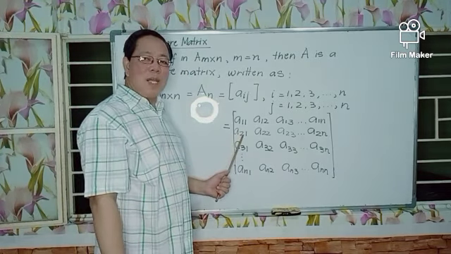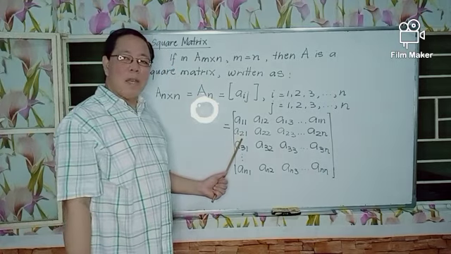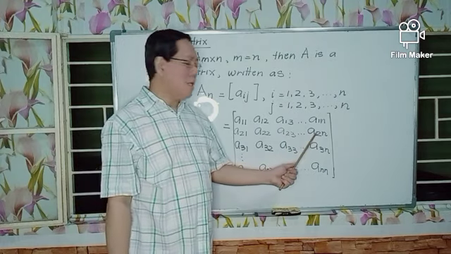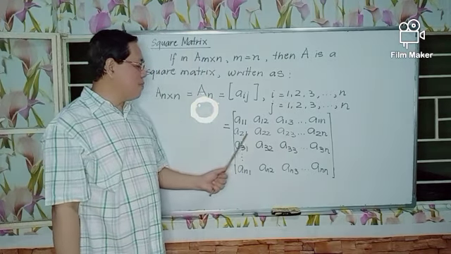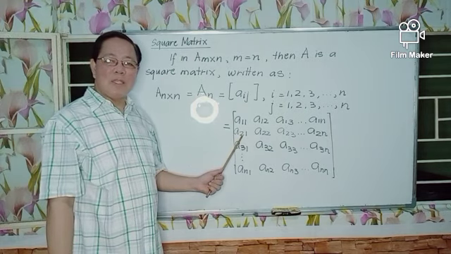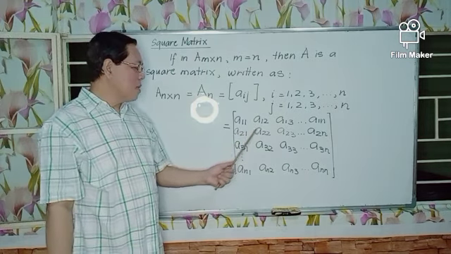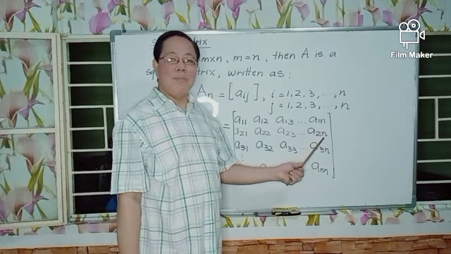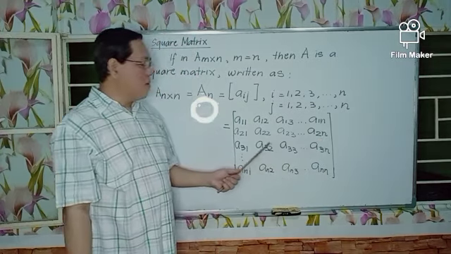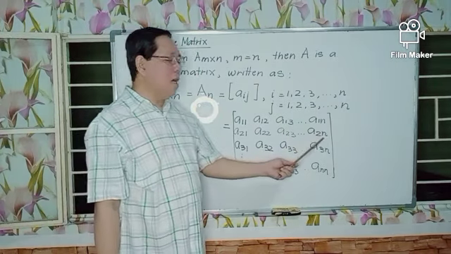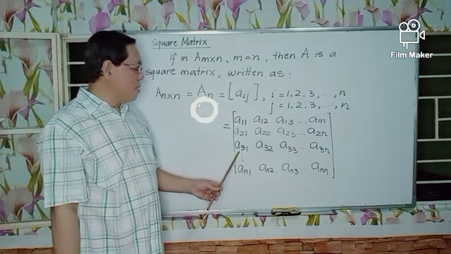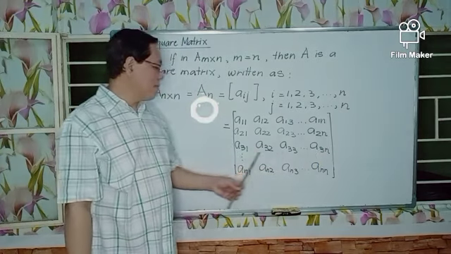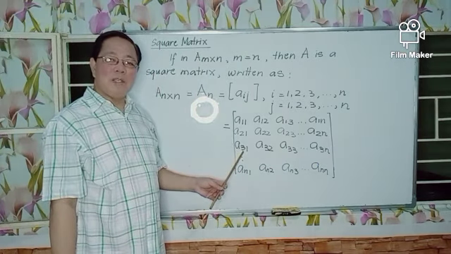The entries of the second row of matrix A are a21, a22, a23 up to a2n. They have the same first subscript 2 because they all belong to the second row, but the second subscript varies from 1 to n because they belong to different columns, and matrix A has n columns. And these are the entries of the third row of the square matrix A, with the same first subscript 3.